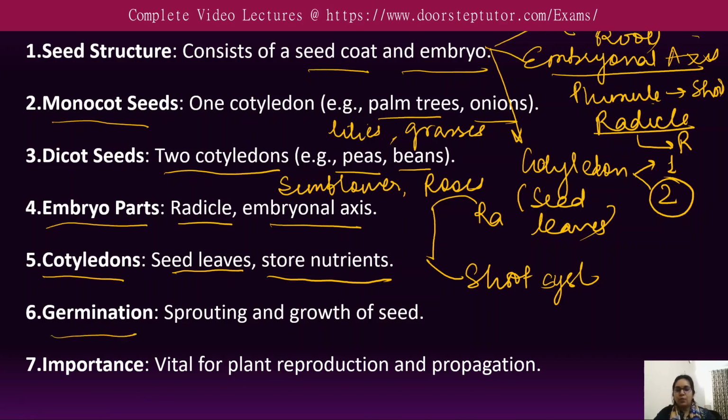The germination, so when the conditions are favorable, meaning all the requirements for their growth and germination are satisfied. For example, the sunlight is there, the water condition is there, the nutrient condition is there, means all conditions are favorable.